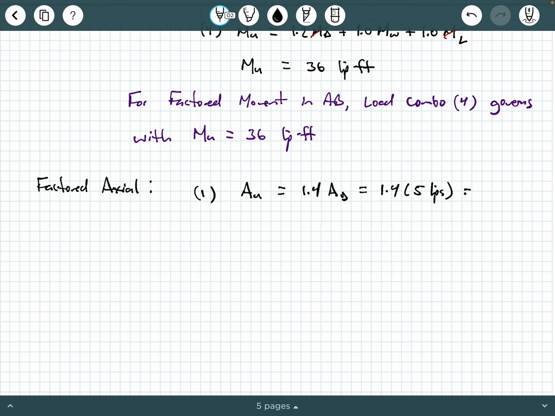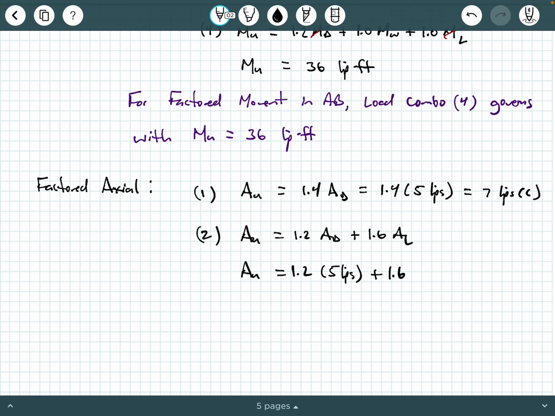So that'll give us 7 kips in compression, okay? And then load combo 2, AU is 1.2 A dead plus 1.6 A live, and we can substitute values in: 1.2 times 5 kips, and from our live load analysis, we have 1.6 times 7.5 kips.